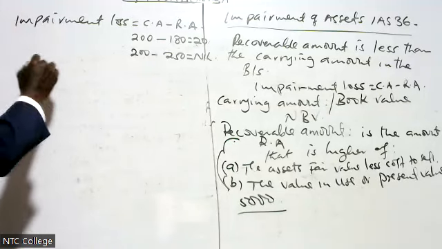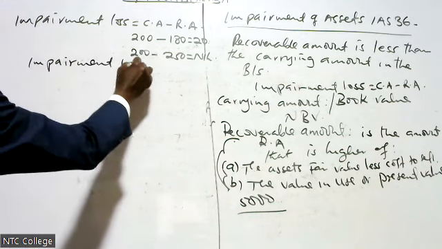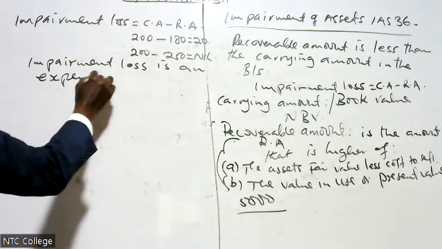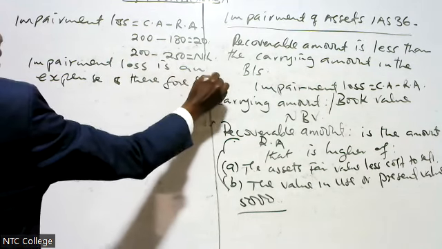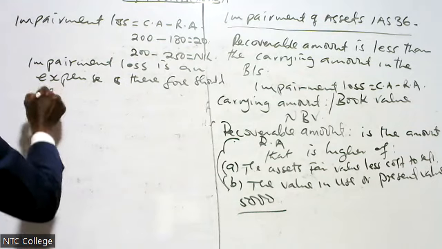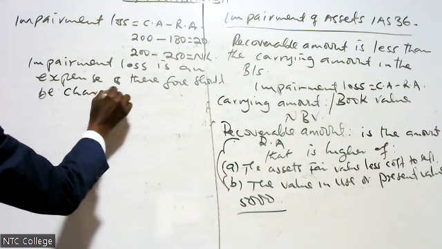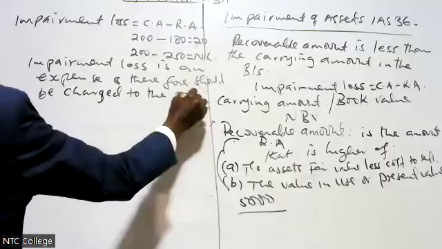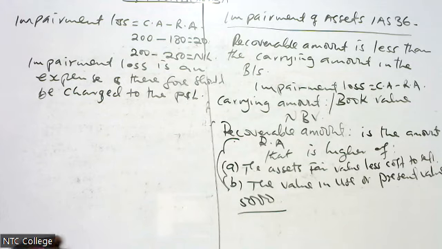Now, listen to this, it is also very important. Impairment loss is an expense, and therefore should be written off, should be charged to P and L as an expense.